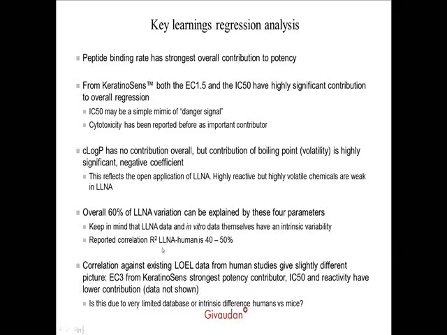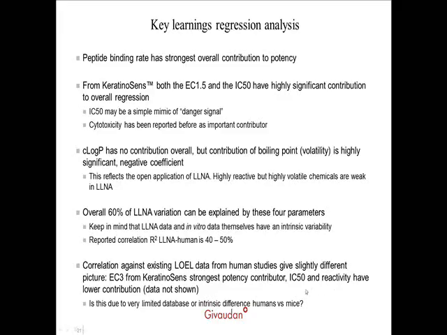And we should also keep in mind that the reported correlation between LLNA and human is also an R-square of 0.4 to 0.5. And we did also correlation against human studies, and the interesting thing is there we have the strongest contribution from EC3 from carotenosense, whereas IC50 and reactivity go then lower.